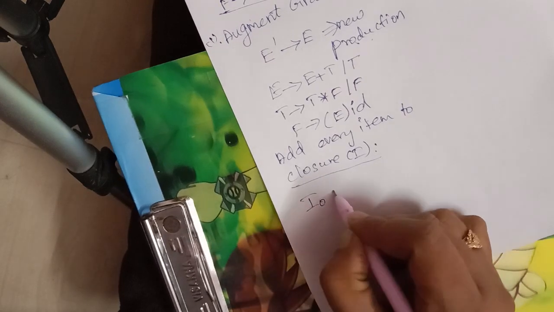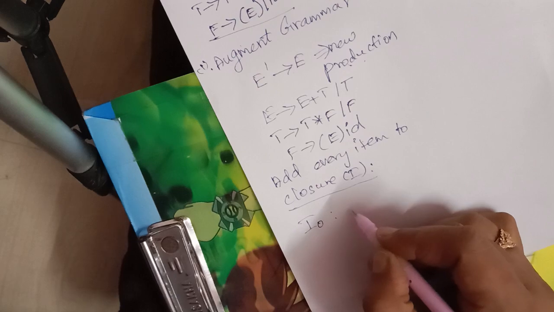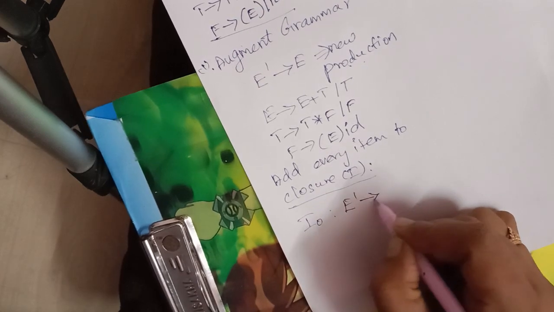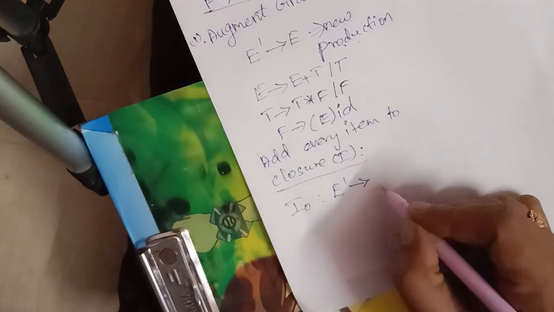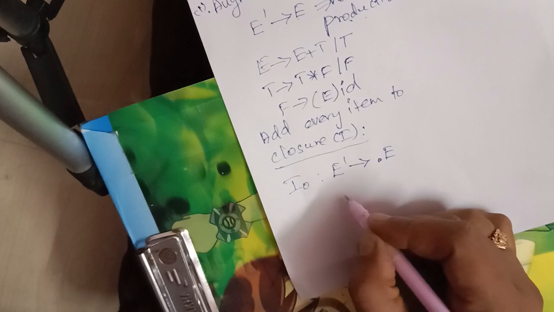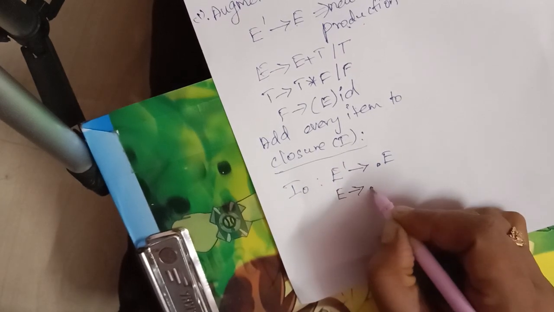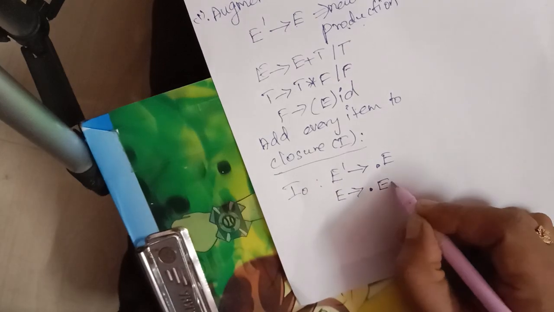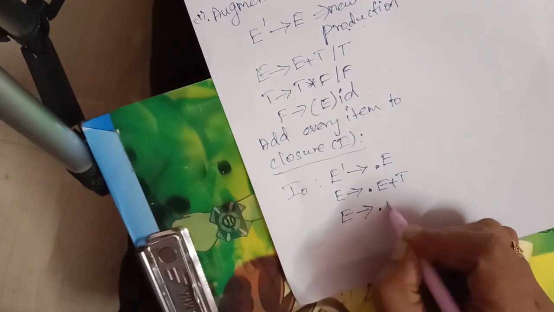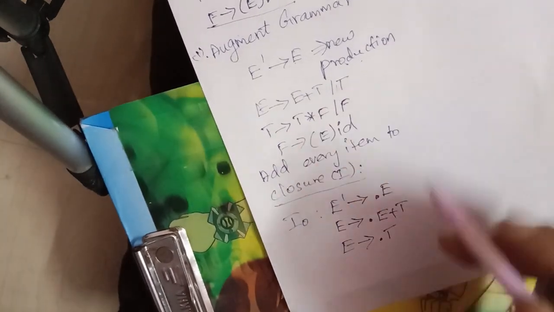Initially we make it I0, with dot productions. For E dash tends to E, you place the dot before E. After that, for each production you write E tends to dot E plus T, E tends to dot T. I am just placing a dot in all the productions.